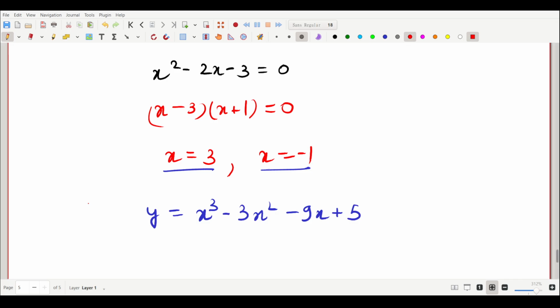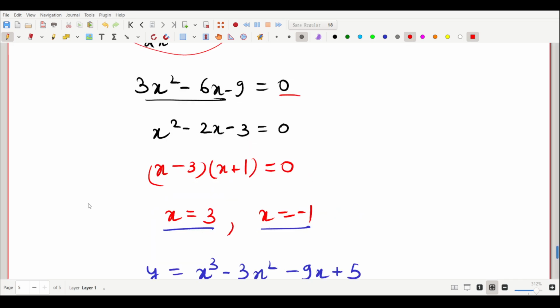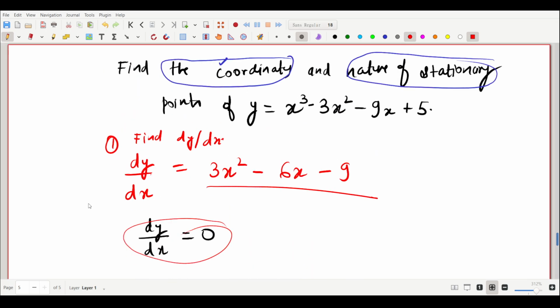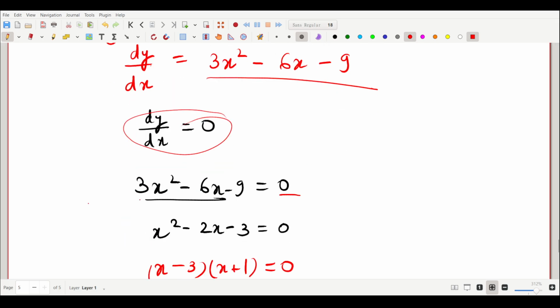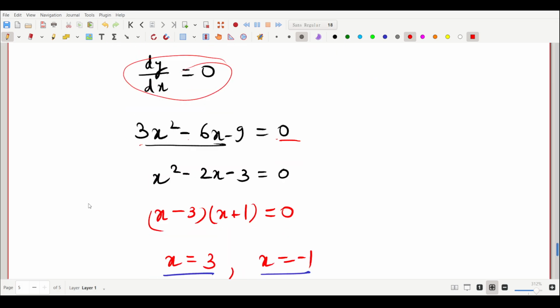We have just found the values of x. What was step number 1? Step number 1 was finding the dy over dx. You found it, then compared dy over dx equals 0, right here: 3x square minus 6x minus 9 equals 0. Then solve the equation and find the values of x.